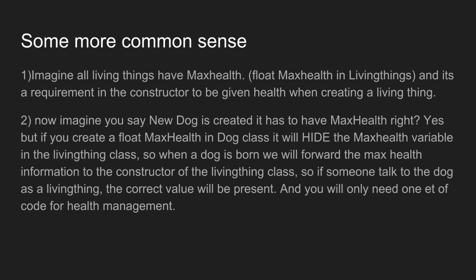The living thing is handling maximum health and it has a maximum health variable. The dog class should not have a maximum health variable. What it should do is ask for maximum health in the constructor and then simply pass it along to its parent constructor. And yes, you can do that. I'll teach you how to do that in the code.